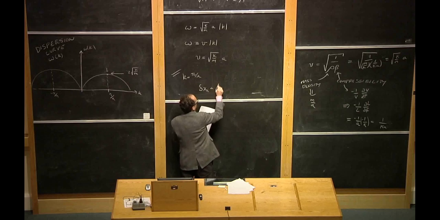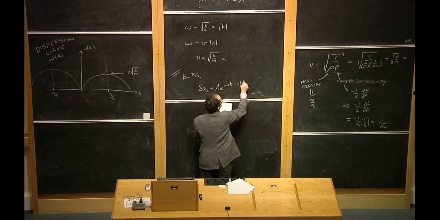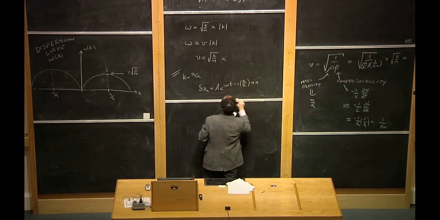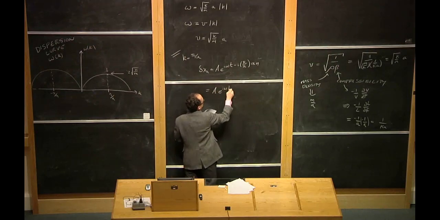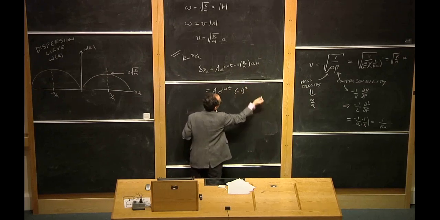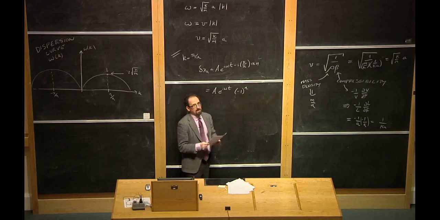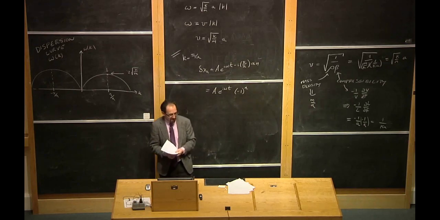It's A e to the i omega t minus i pi over a times a n. Or it would be A e to the i omega t times minus 1 to the n, which means that every alternate, even versus odd, mass is moving in the opposite direction. That's the highest frequency you can possibly get.